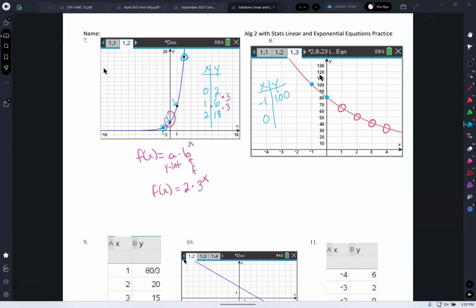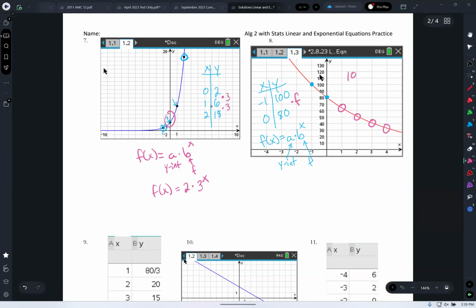Knowing it's not linear, I can start to see that exponential curve right there. So I know it's an exponential function, and I'm going to use the equation for an exponential, where A is my y-intercept, and I already have that. That's 80.